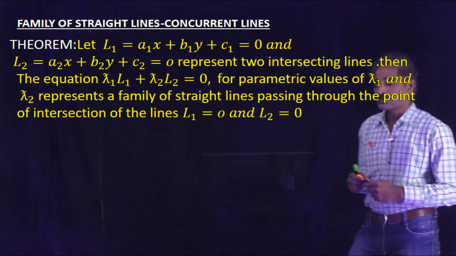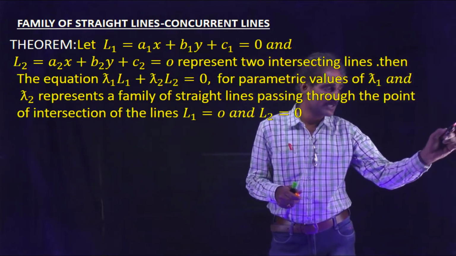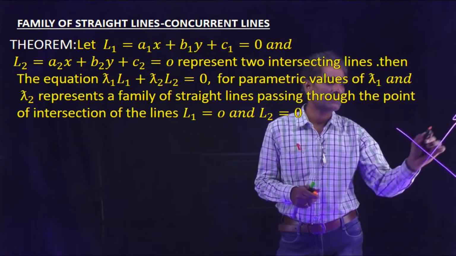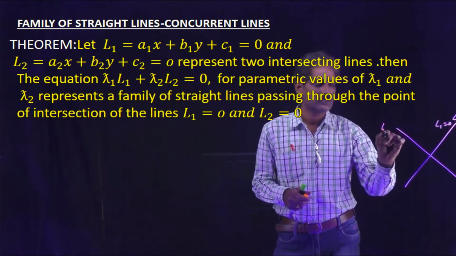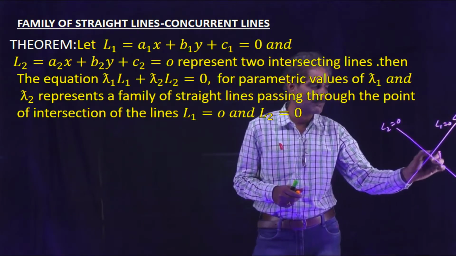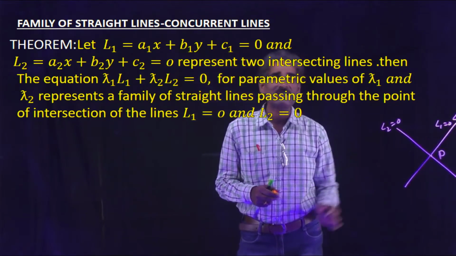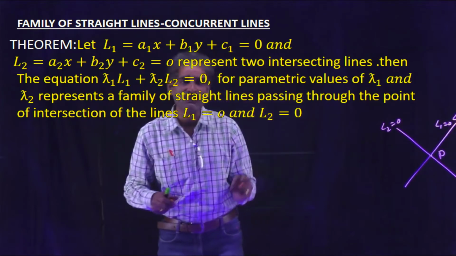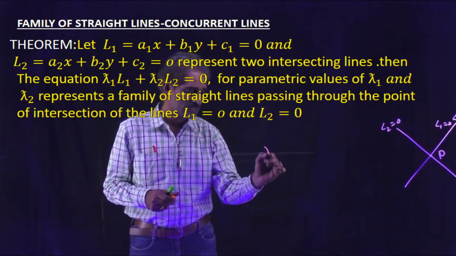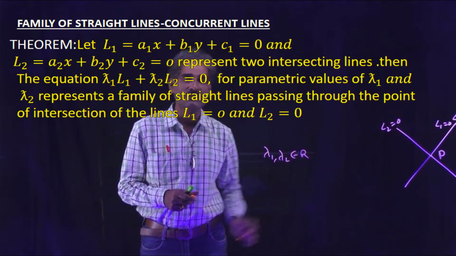Now suppose these are any two intersecting lines, L1 equal to 0 and L2 equal to 0, and let P be the intersection point. Suppose lambda 1 and lambda 2 are any two real numbers.